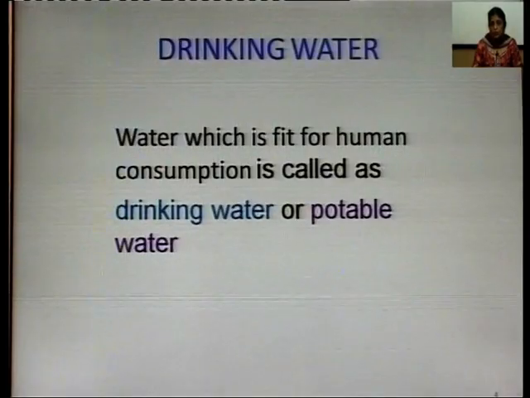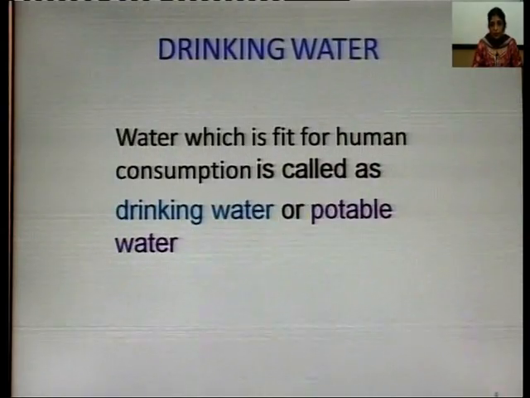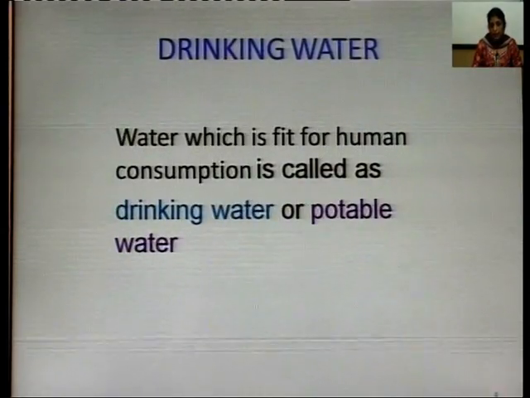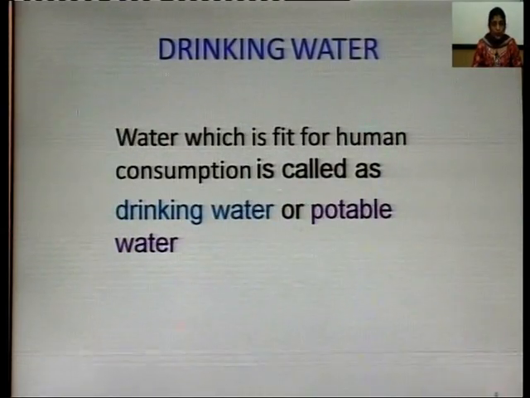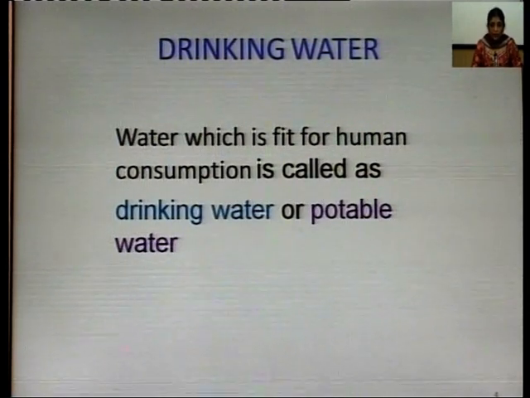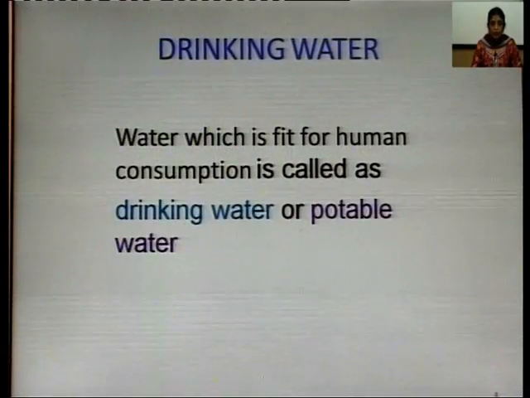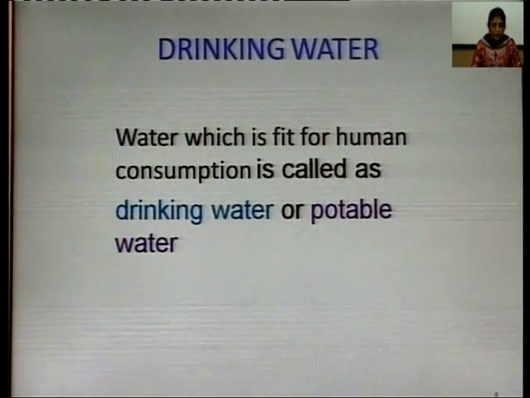Suspended impurities are those which we can see with the naked eye, and they remain dispersed in water. These can be in the form of algae, fungi, protozoa, silt, clay, minerals, or organic matter, etc. Suspended impurities can be partially removed by filtration.